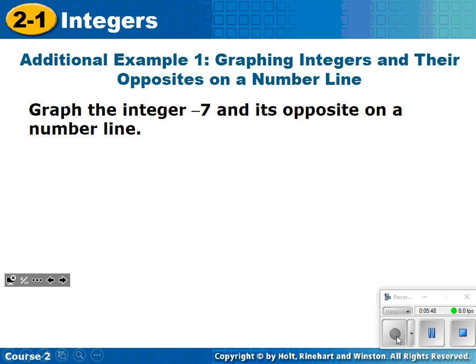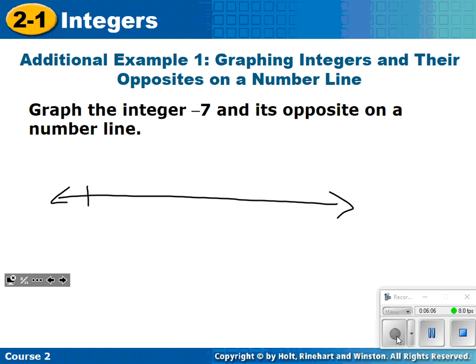So you are going to be asked to do questions like this. Graph the integer -7 and its opposite on a number line. All you have to do is make a number line.